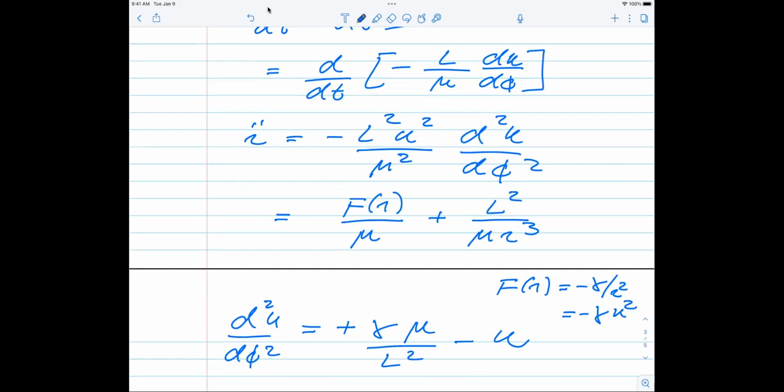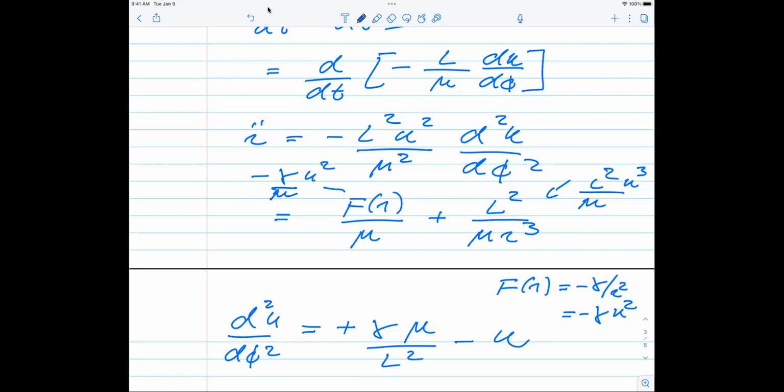And remember now that this term, which you see here, that gives me, if we now rewrite this one, this is L squared divided by mu, and then it has u cubed. This term here is now simply minus gamma divided by mu and multiplied with u squared.